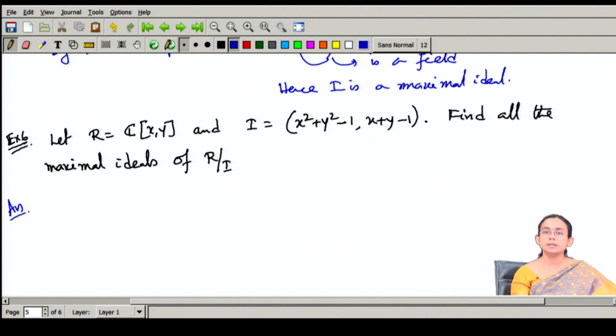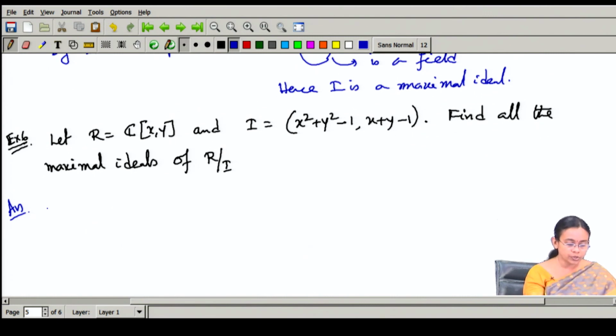We have already seen how the maximal ideals of this quotient ring look like. They will be the maximal ideals of R which contain I. And how do the maximal ideals of R look like?